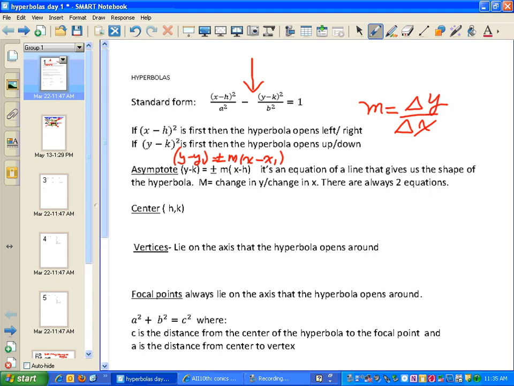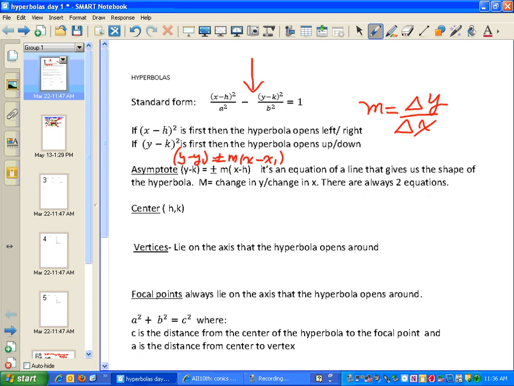Change of y, change of x, there's always two equations. Your center is hk. Let me just go through an example and you'll see what I'm talking about. Okay. All right, center is hk like it has been for a circle and it has been for an ellipse. So the center hasn't changed in how we determine what it is. Today, your center is going to be at 0, 0.